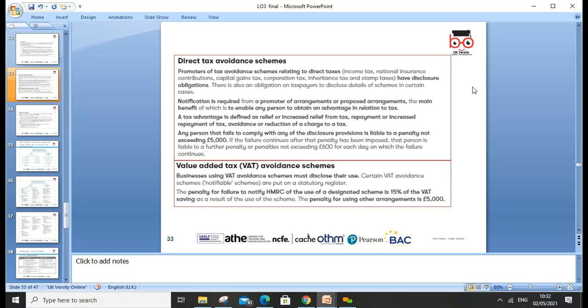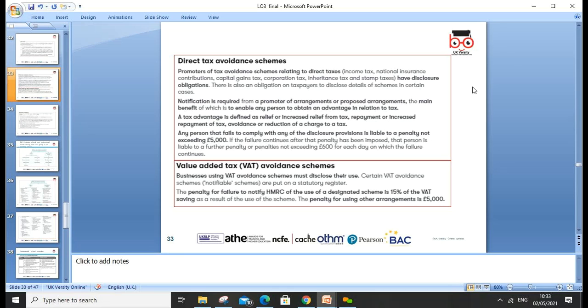Direct tax avoidance schemes: promoters of tax avoidance schemes relating to direct taxes, income tax, national insurance contributions, capital gains tax, corporation tax, inheritance tax and stamp taxes, have disclosure obligations, and there is also an obligation on the taxpayer to disclose the details of the scheme in certain cases.